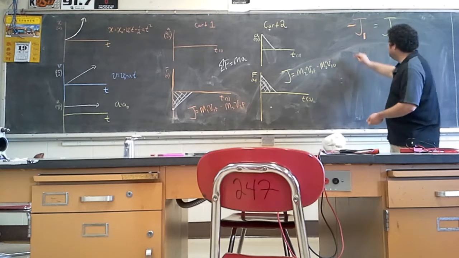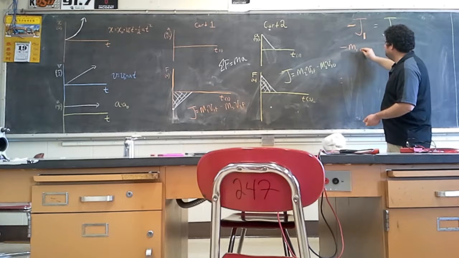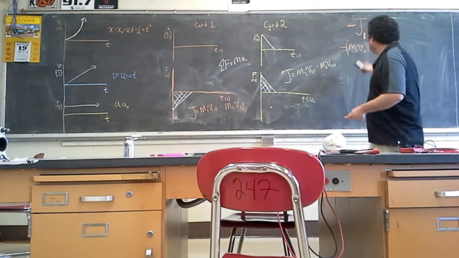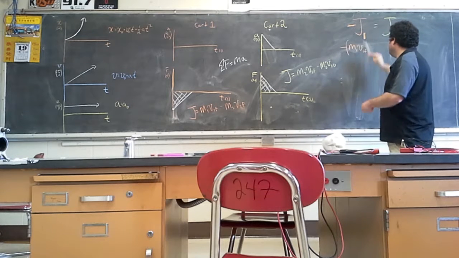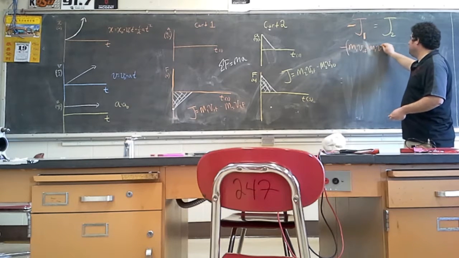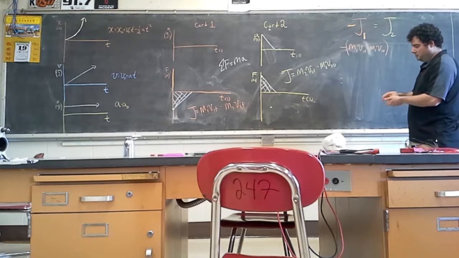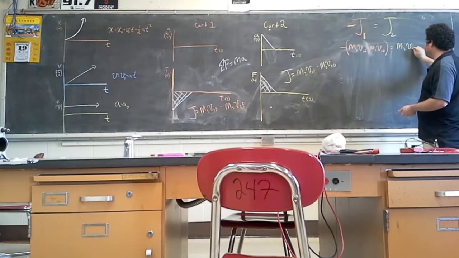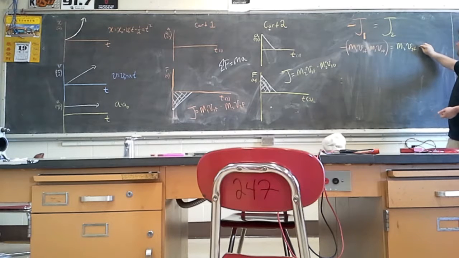So negative m1v1f minus m1v1o equals m2v2f minus m2v2o.